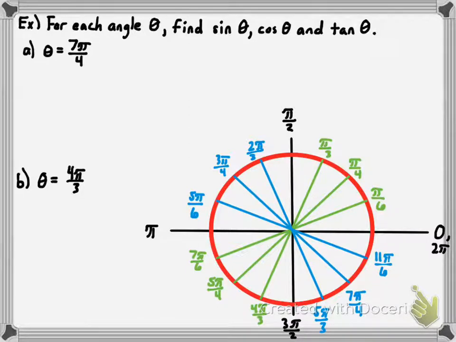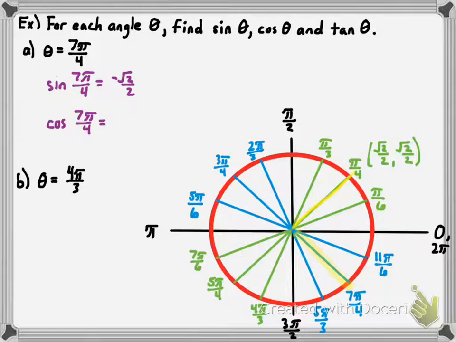Alright, now we're going to, of course, find the angle. I want to find the angle that 7 pi over 4 corresponds with in either the first or second quadrant. And that happens to be pi over 4. And based on that, then, we can figure out this. Alright, I'll leave out the explanations, but the sine of 7 pi over 4 then would be negative square root of 2 over 2.